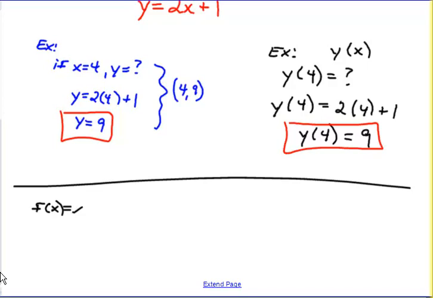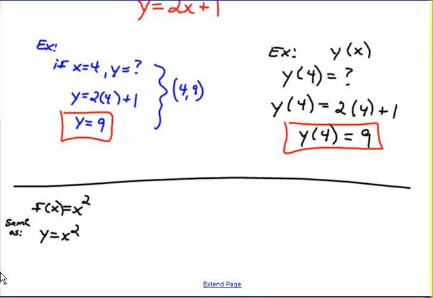F of x is equal to x squared. Just for the record, that's the same as y equals x squared. Right? We know it means the same thing. In both cases, we have some input we're calling x, and our output we're either going to call f of x or y.